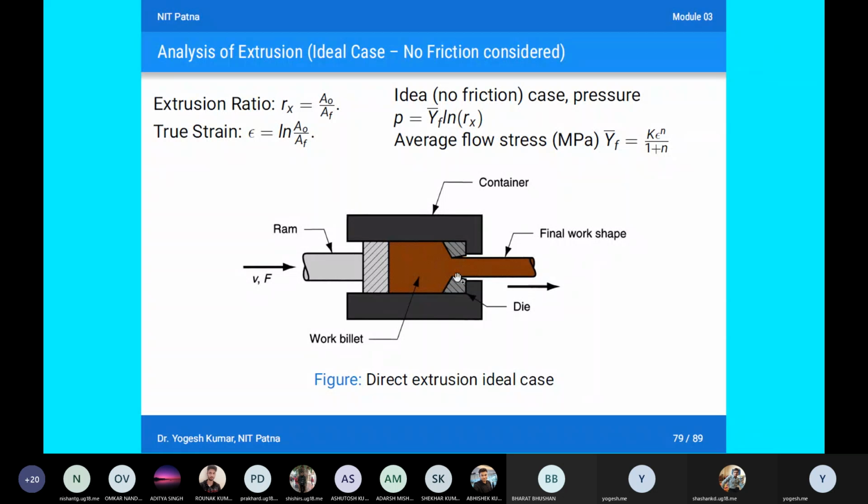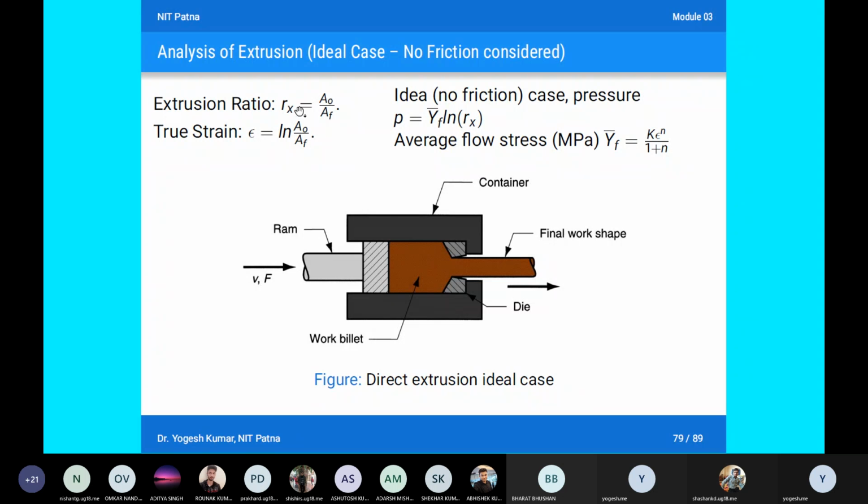Here there is certain nomenclature. AO is the cross sectional area of your initial work billet, and AF is the cross sectional area of your final work shape.